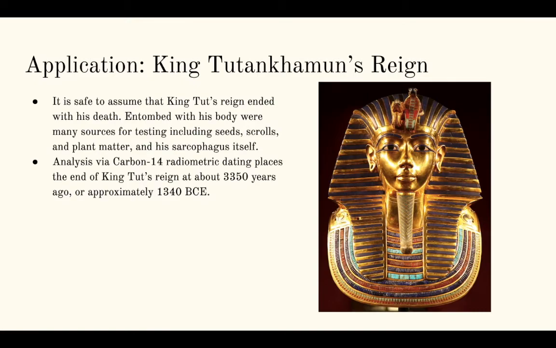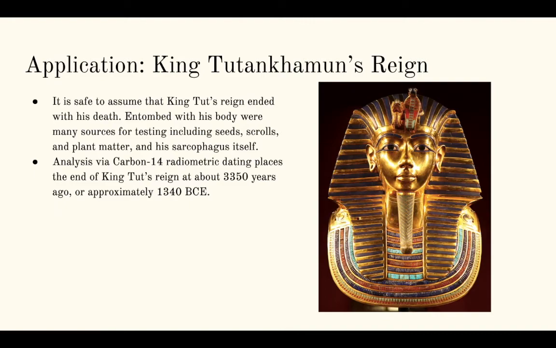Another exciting application is the discovery in King Tut's tomb, which unlocked a lot of treasures for Egypt and its history. And we can safely assume that King Tut's reign ended with his death. Entombed with his body were many sources for testing, including seeds, scrolls, plant matter, and his sarcophagus itself.